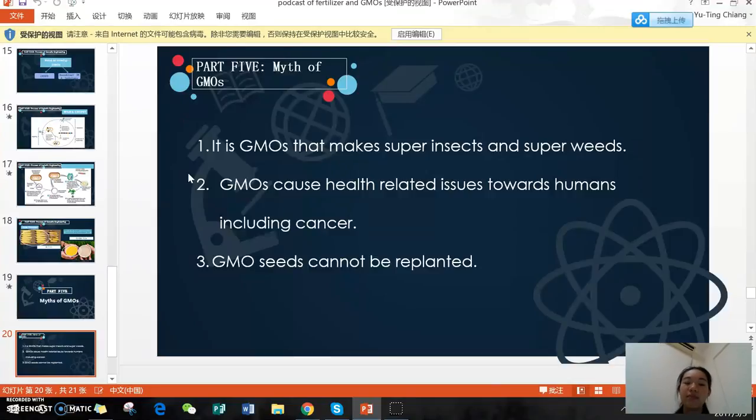Also, many scientists have done a lot of research on GMO and non-GMO food and their impact on human health, and there's no report or experiment shown till now that eating GMO food has direct connections with getting cancer or other health-related issues.